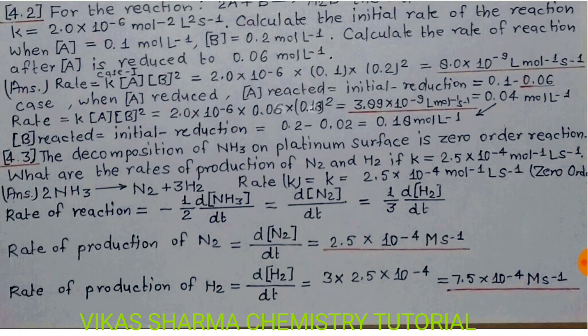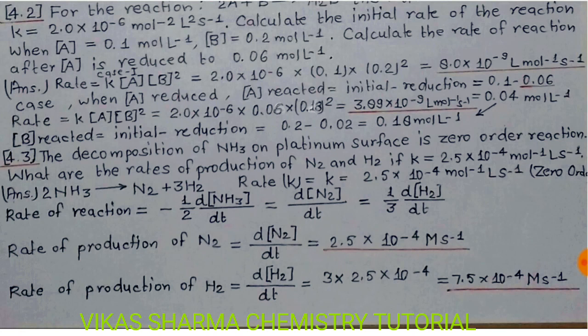So 2.0 into 10 to the power minus 6 is the rate constant, so we put in the value of the rate constant. Then concentration of A is given as 0.1, so we write 0.1. Concentration of B is given as 0.2, and the power is 2, so we square it. After solving, it is 8.0 into 10 to the power minus 9 liter per mole per second.